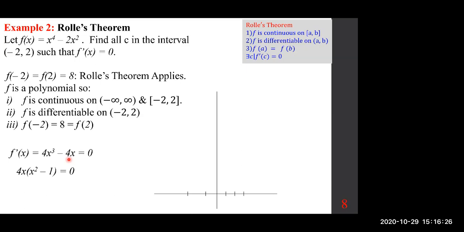And we get those answers. x is 0, x squared equals 1, so x is plus or minus 1. Or you can write 4x times x plus 1 times x minus 1 equals 0.